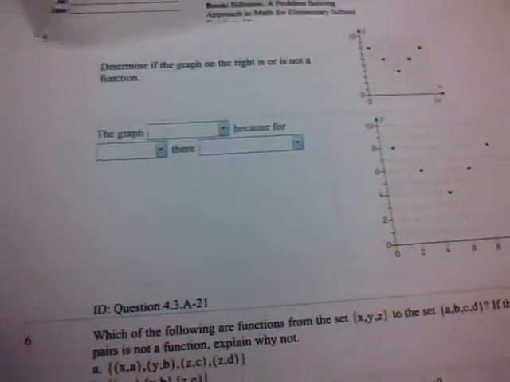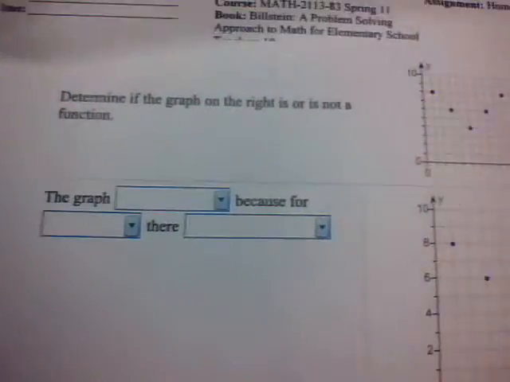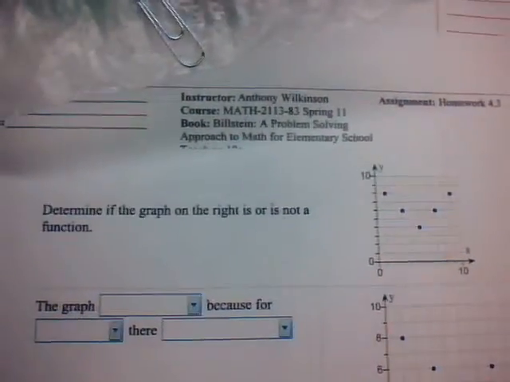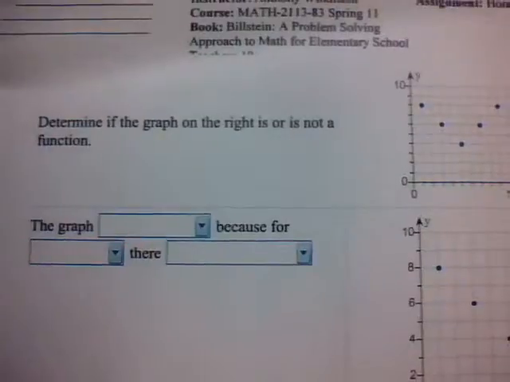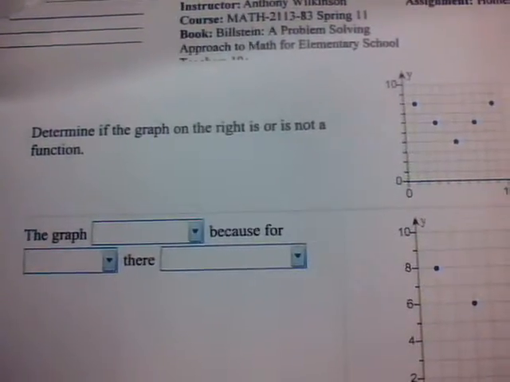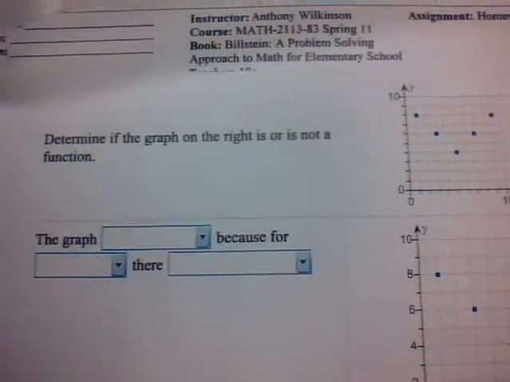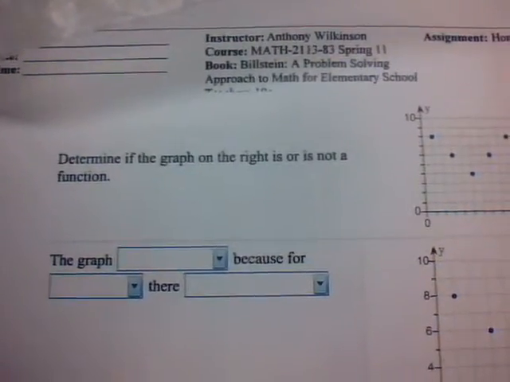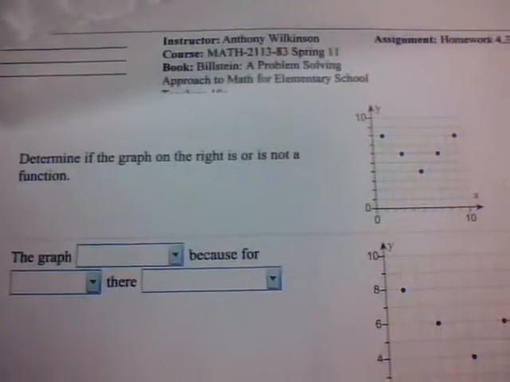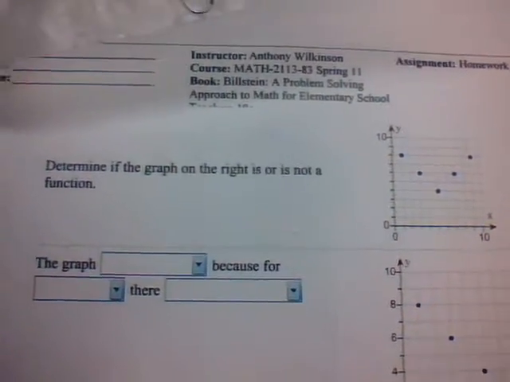All right, take a look at number 5. Let's say we have this graph here on the right, and we want to determine if that graph is or is not a function. And in this case here, it is a function.